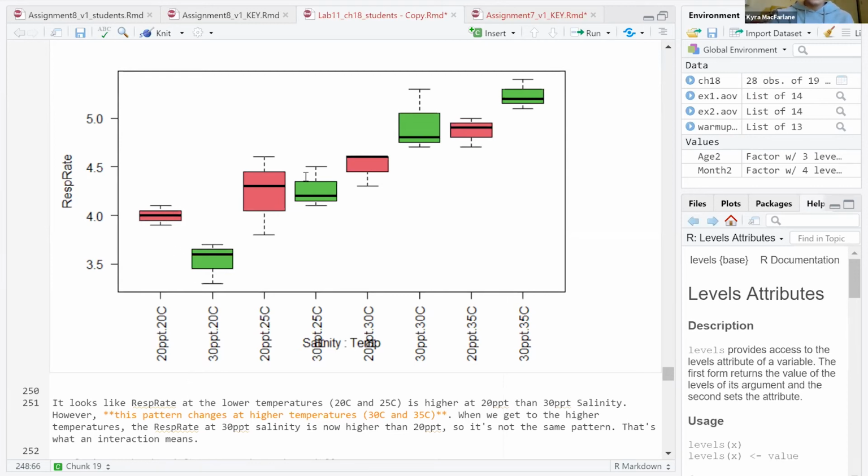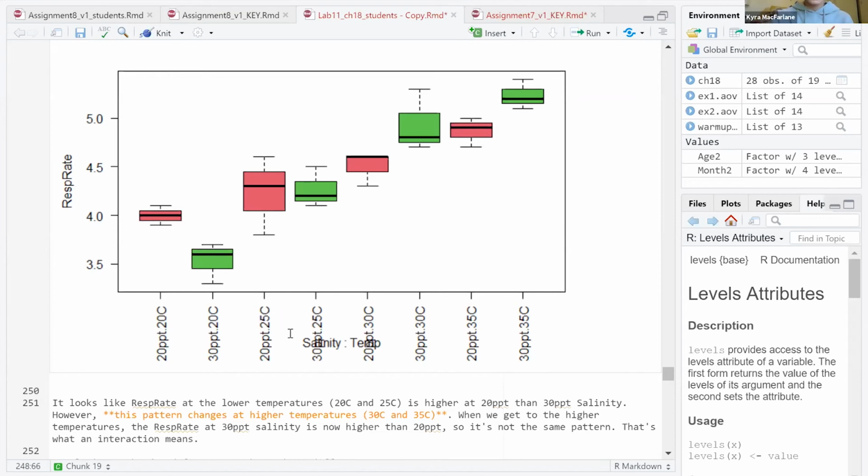We also can look at the pattern individually at each grouping. So 20 parts per thousand versus 30 parts per thousand at 20 degrees Celsius. Respiration rate is higher for 20 parts per thousand and lower for 30 parts per thousand at 20 degrees Celsius.